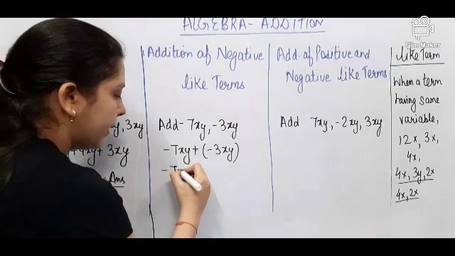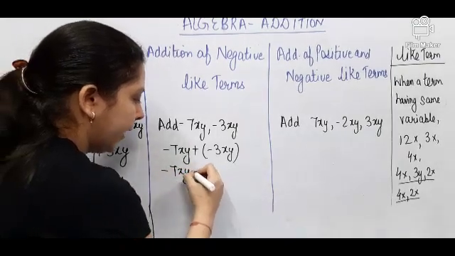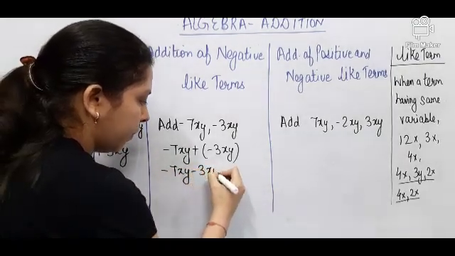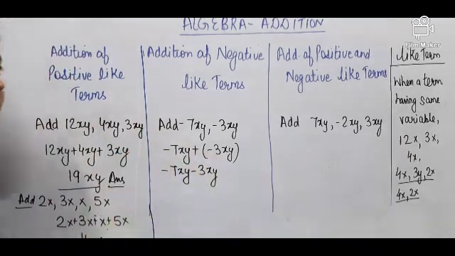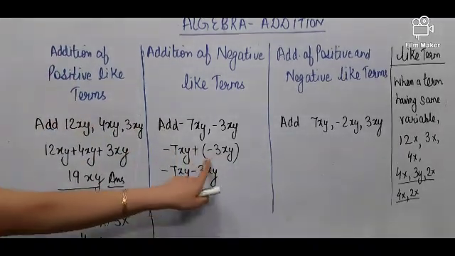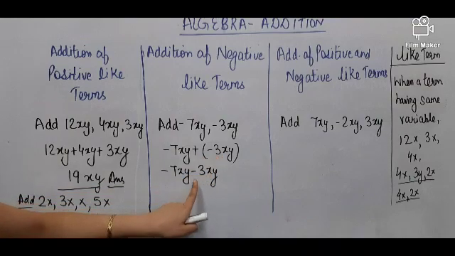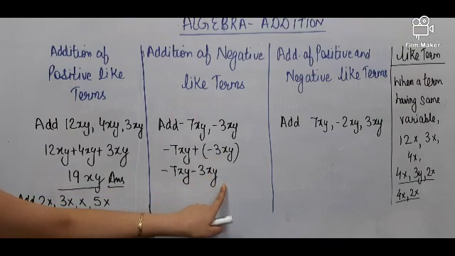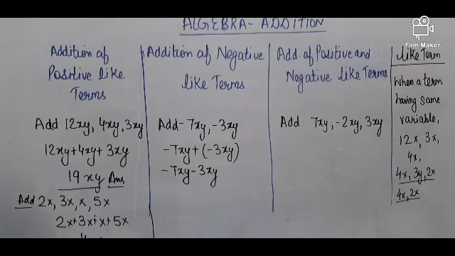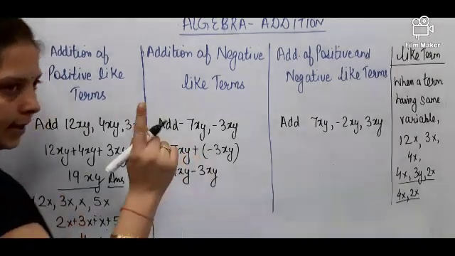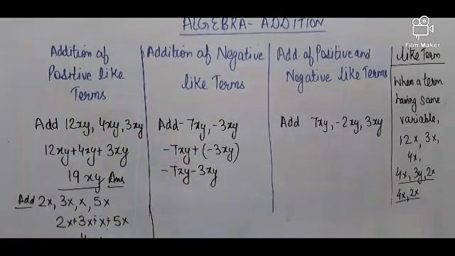So let's see, minus 7xy and minus 3xy, because the bracket is preceded by a positive sign, there will be no change in the bracket. Now we can open the bracket and write minus 3xy. Okay. Yes, because we cannot write two signs at a time.